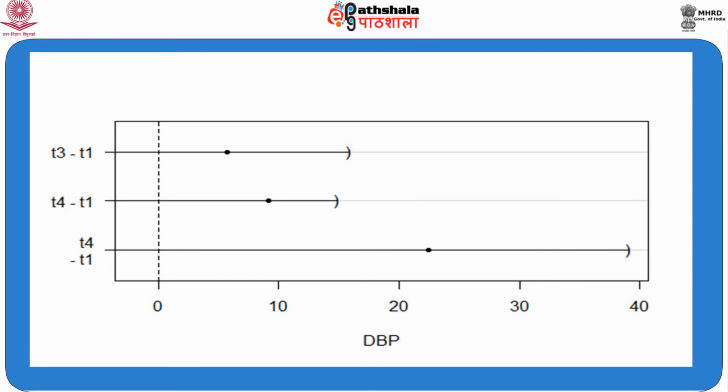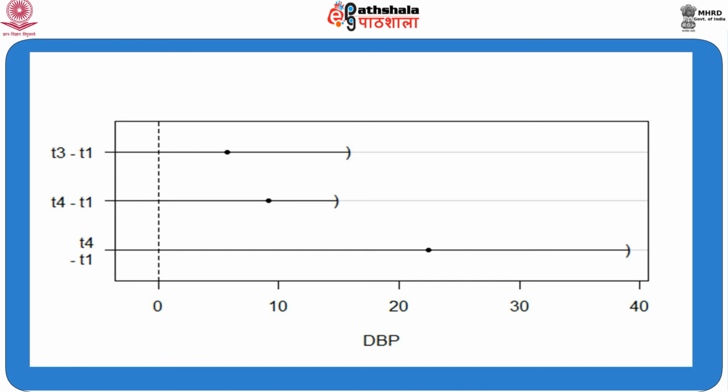In the third line the interdifference between T4 to T1 is given, and it is with a point estimate coming around 22, as we observed from the earlier slide. We will go to the earlier slide again, and here the confidence interval is also coming around 39 for the interdifference between T4 to T1.